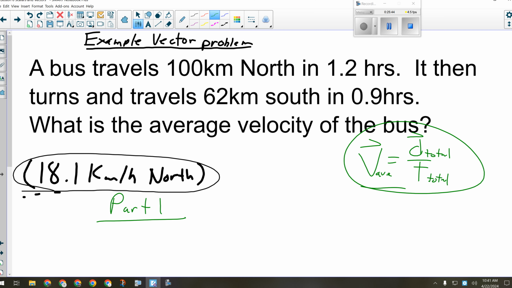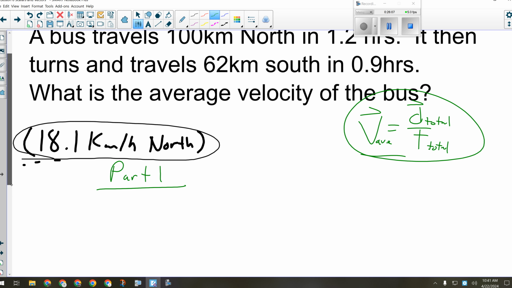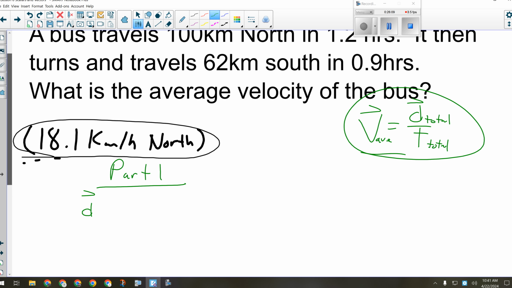it says that the bus travels 100 kilometers north. This time they gave me a displacement. Now, could that also be the distance traveled in part one if I just said 100 kilometers? Yeah, when we're talking about a straight line, displacement and distance have the same magnitude because we're not veering off or reversing. All right, so in part one, the displacement is what they gave me, 100 kilometers north.